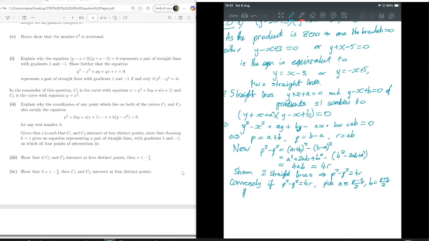Then AB equals (P squared minus Q squared) over 4, which is exactly R, and the above shows the equation factorizes.